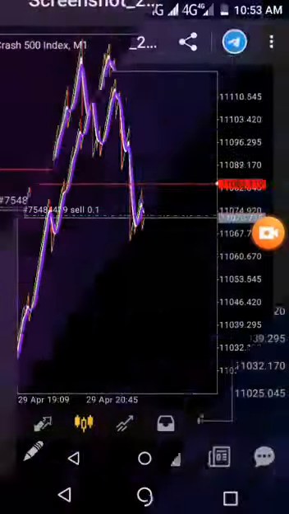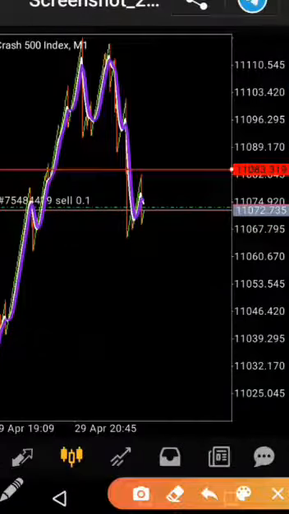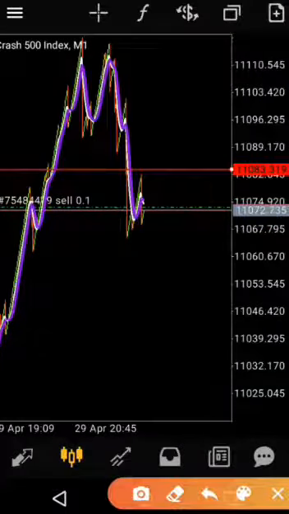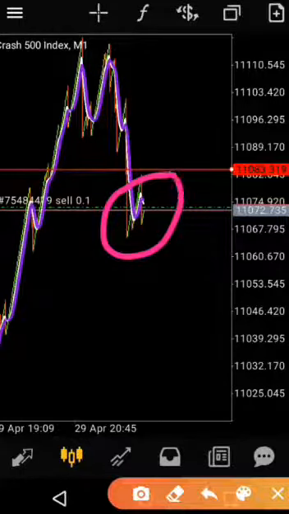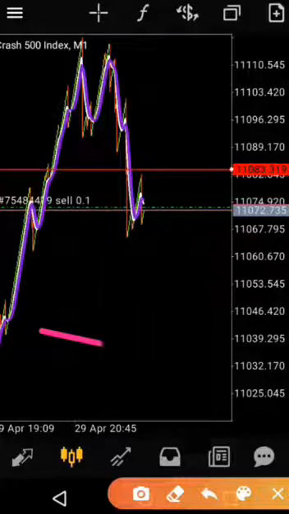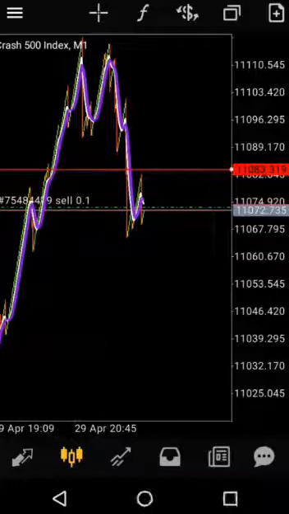Okay guys, these are some of the trades that we took on Crash 500, and this is a demo account. All right, so the trade was taken right there. What happened after that trade was taken?